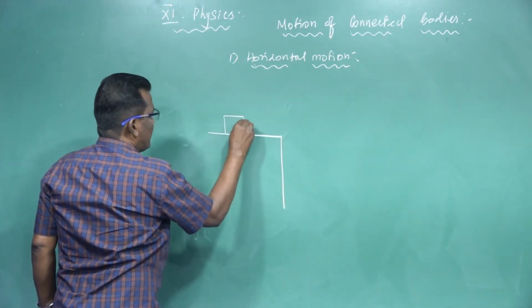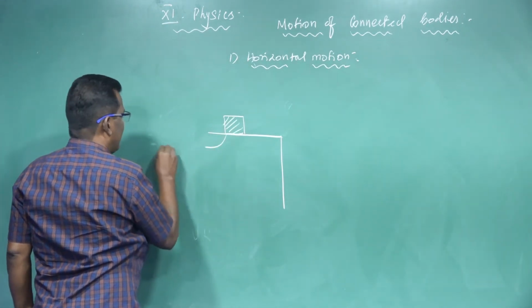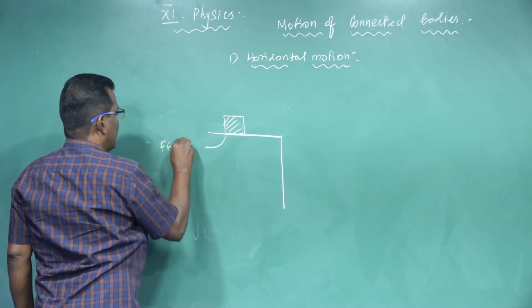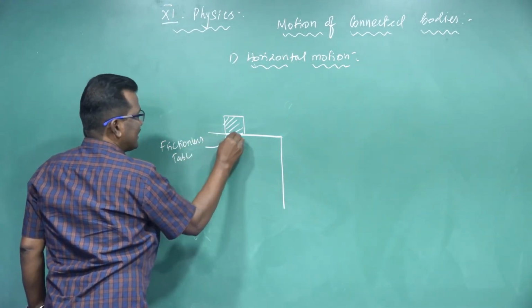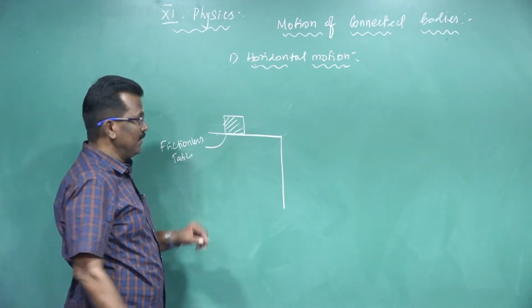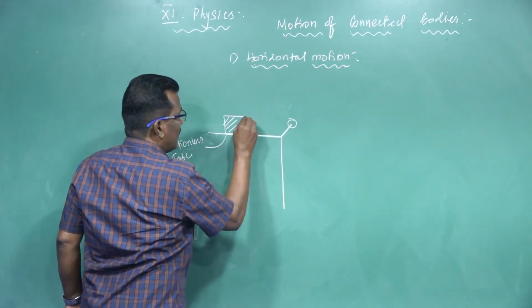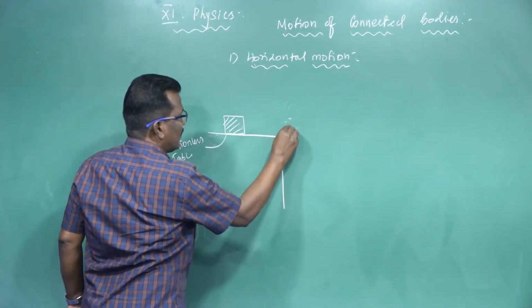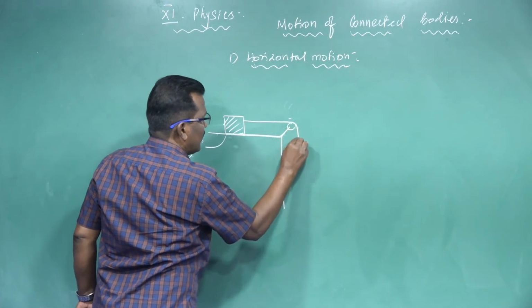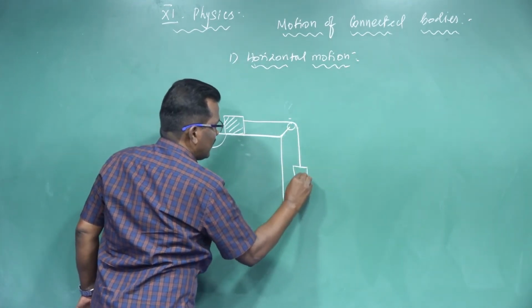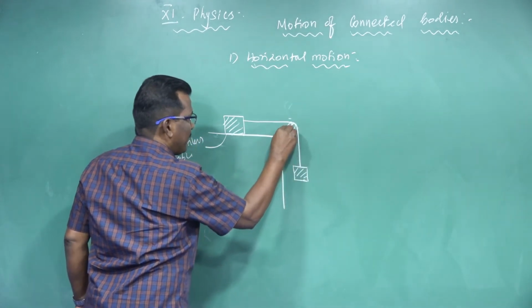A body of mass m is placed on a frictionless table. The surface is a frictionless table. Another mass is hanging over the pulley.